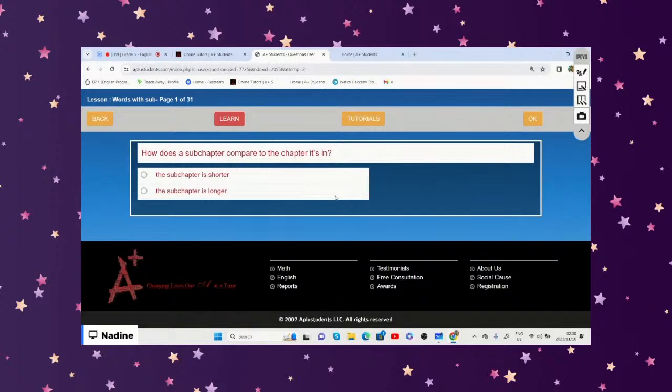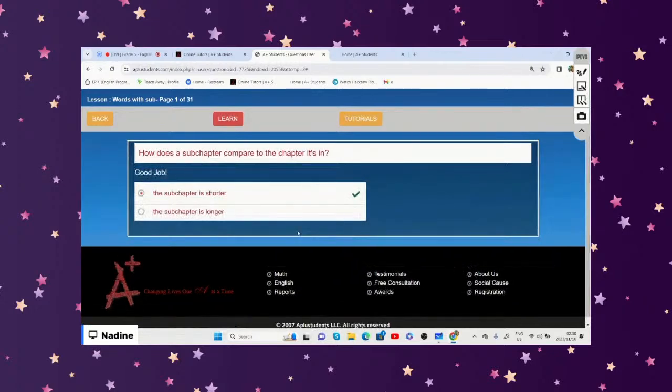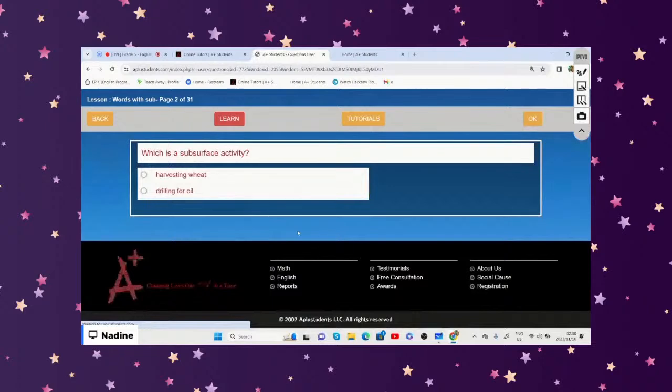And we said sub means under. So basically, subchapters, right, are way shorter.